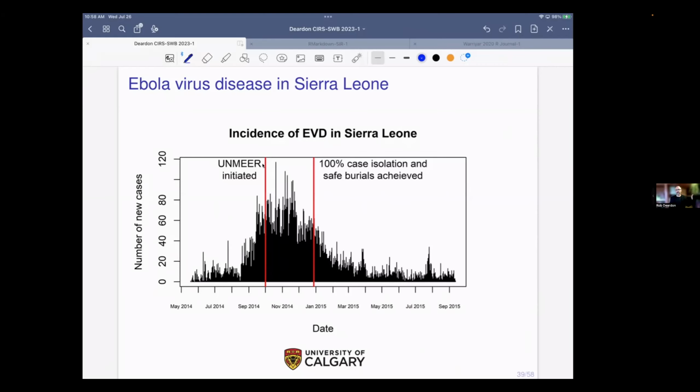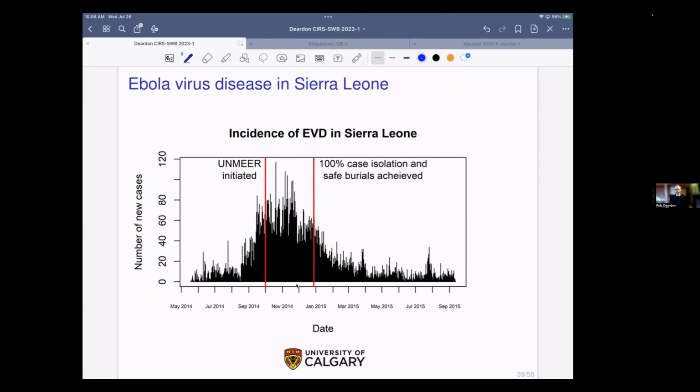So this UNMIR was a UN-initiated policy, which was introduced at the beginning of October to essentially make sure that cases were isolated and safe burials were carried out, right? So that newly infected individuals were less likely to infect others.